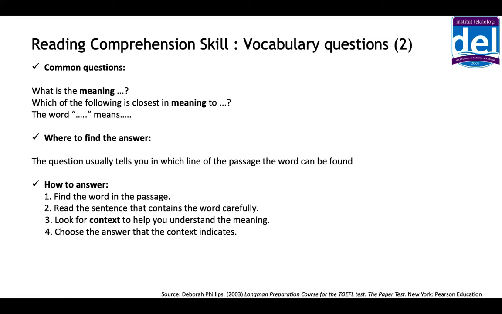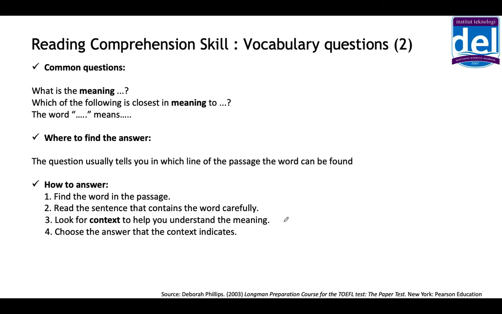In part 1 about vocabulary questions, we can determine the meaning of difficult words by looking at the structural clues that are used in the text, including the punctuation, restatement, and example. Another way that we can determine the meaning of difficult words is by looking at the context of the text.